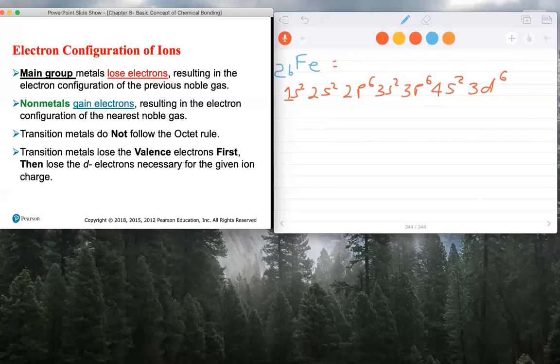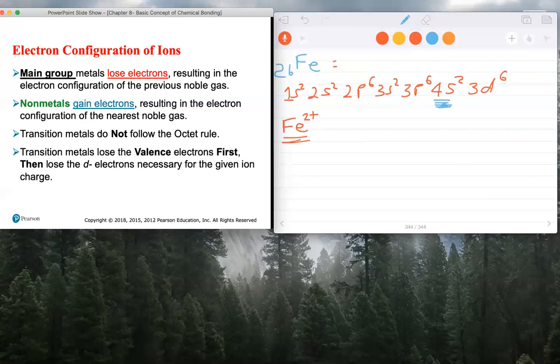But if it is Fe2+, a cation, that means we have lost 2 electrons. And take note that it does not really follow the octet rule, like it needs to make 8. But the valence electrons will go out first. These are the electrons which will go out fast.